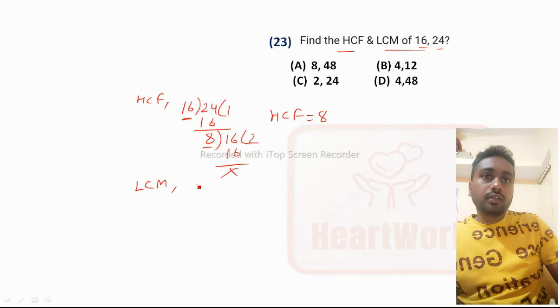LCM, how will you find it? For 16 and 24 we have to factor this one. So in the 2 table, 16 will come 8 times, and 24 will come 12. Then again 2, this is 4, this is 3.